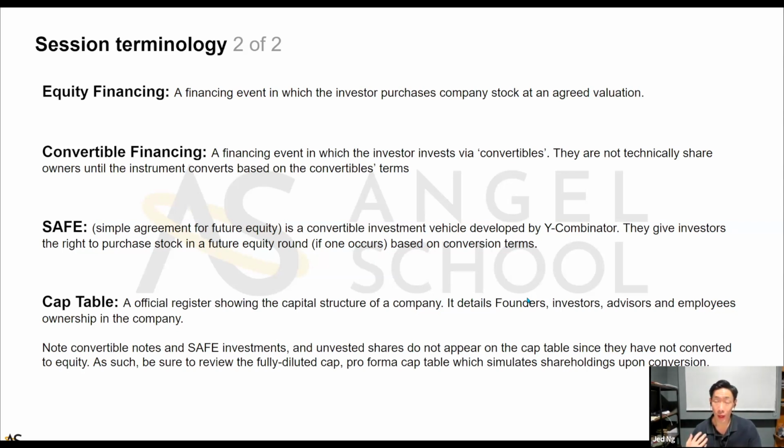Why is this? The actual cap table is going to show actual investors, so people who hold equity or shares in the company.